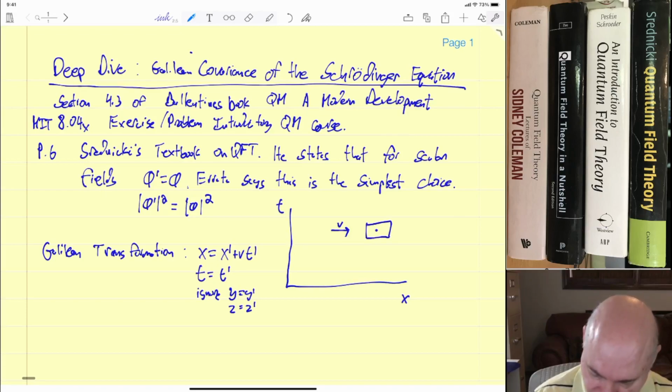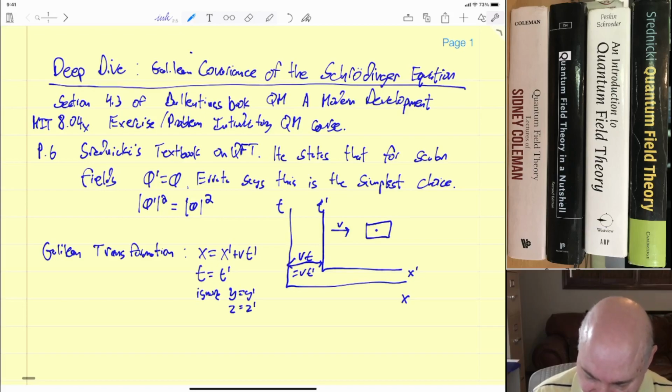It's moving along with a velocity v, and it uses the coordinate system t prime and x prime. So these equations simply follow. If we want to know what x is, it's just x prime plus vt prime. This is going to be equal to vt, which is equal to vt prime.